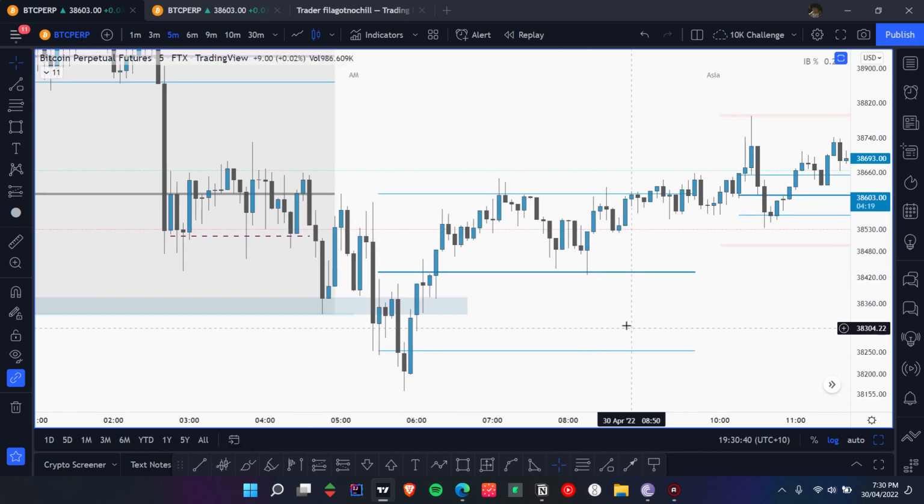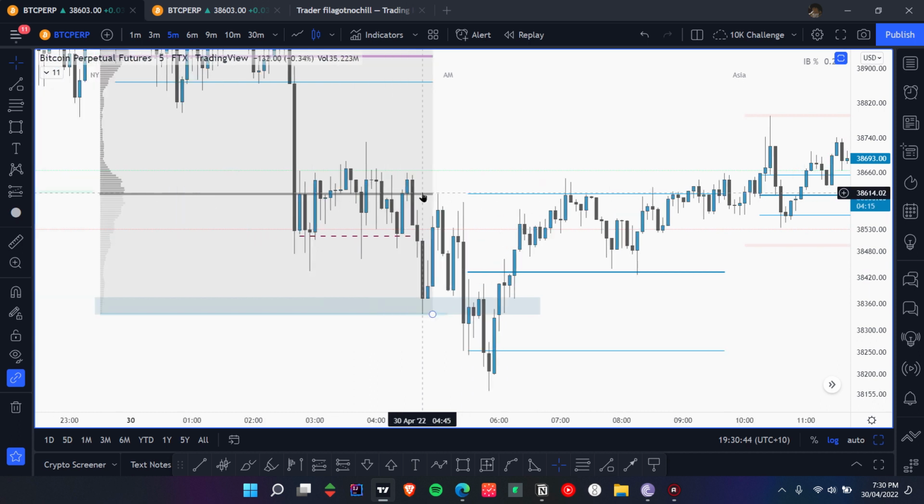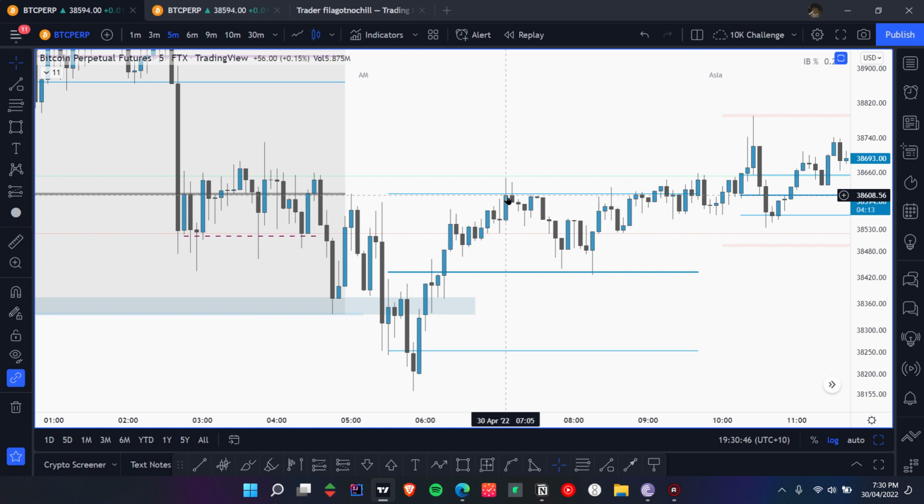Then again we revisited this value area low, and on this value area low we created another swing low. So a swing low was created, revisited the swing low, and then price came down, another scalping position.